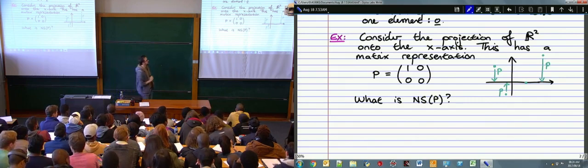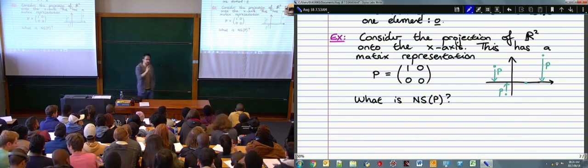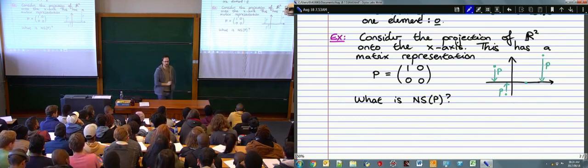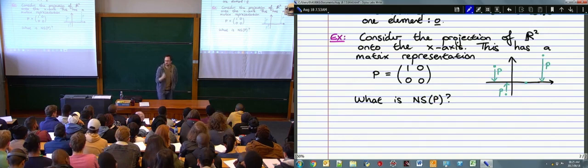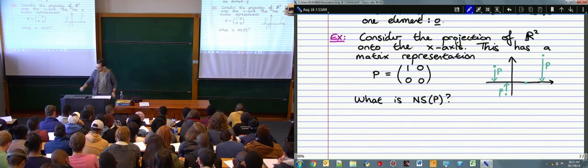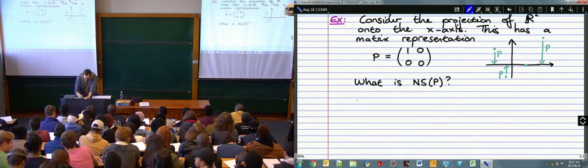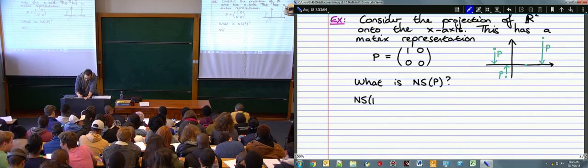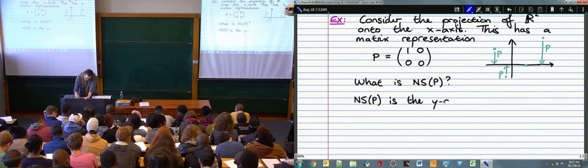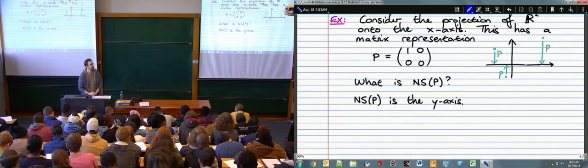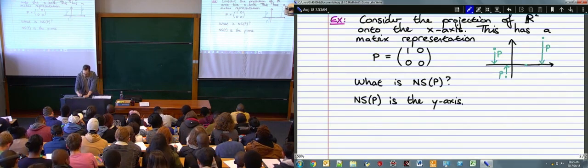The y-axis, right? The null space of P is just the y-axis, because everything on the y-axis is projected onto the 0 vector. And the null space of P is supposed to be all the vectors that, when you transform them, in this case when you project them, you get the 0 vector, right? You could write down: null space of P is the y-axis. That's perfectly fine.